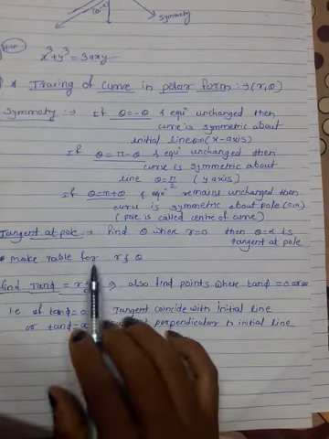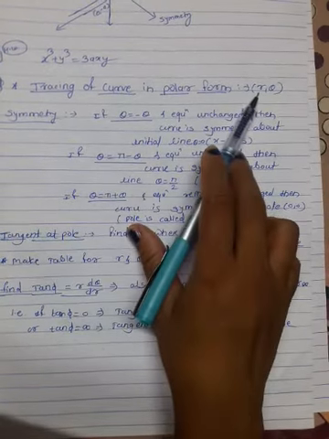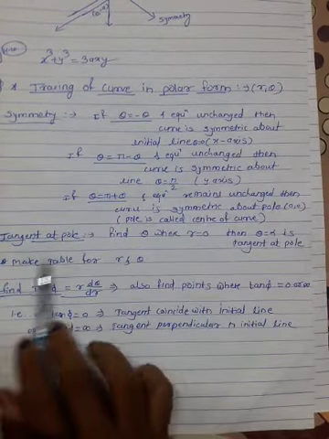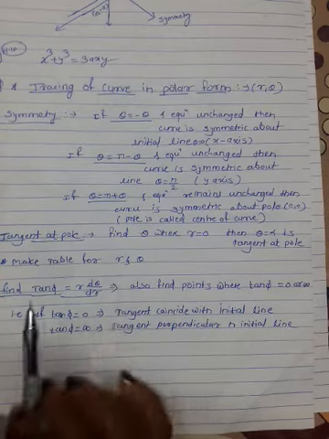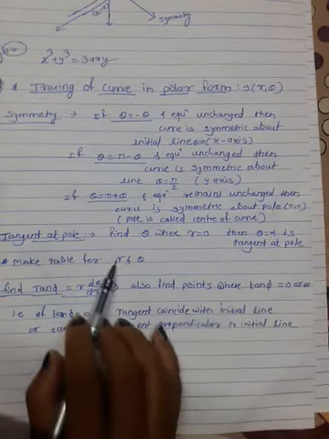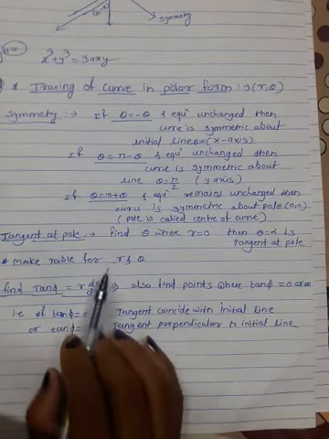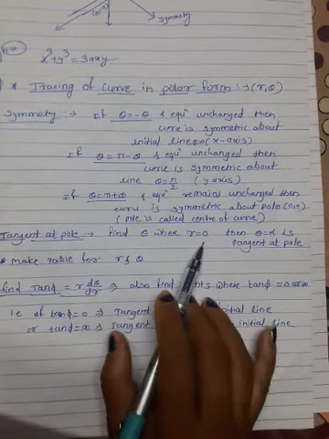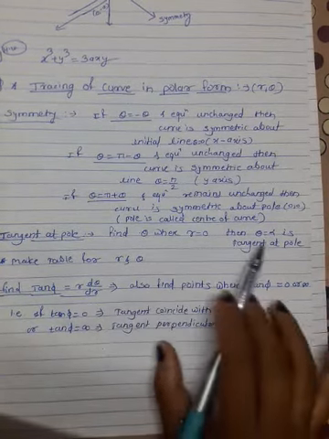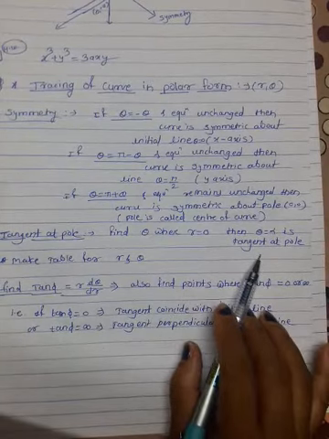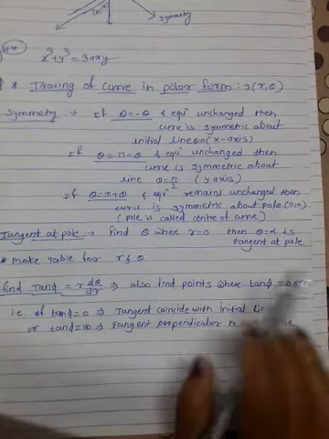Like that we have to plot the points for r and theta. For some values of theta we find r, and from that table we find theta where r is 0. That theta angle is called the tangent at that pole. We have to draw that pole and tangent.